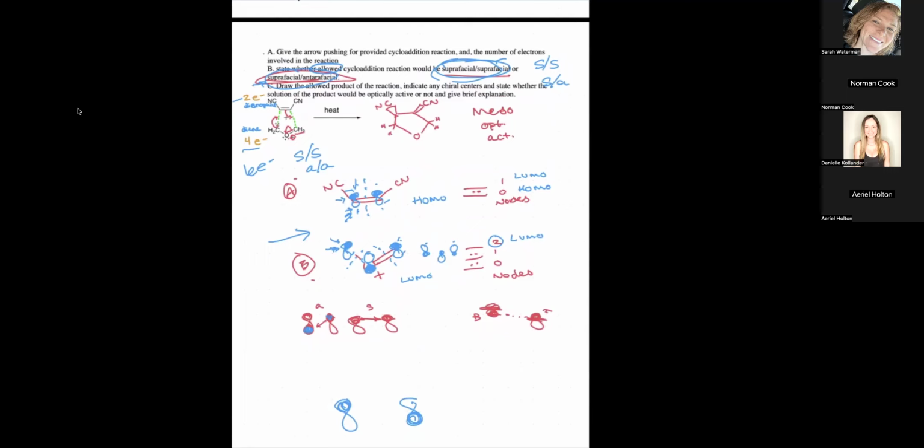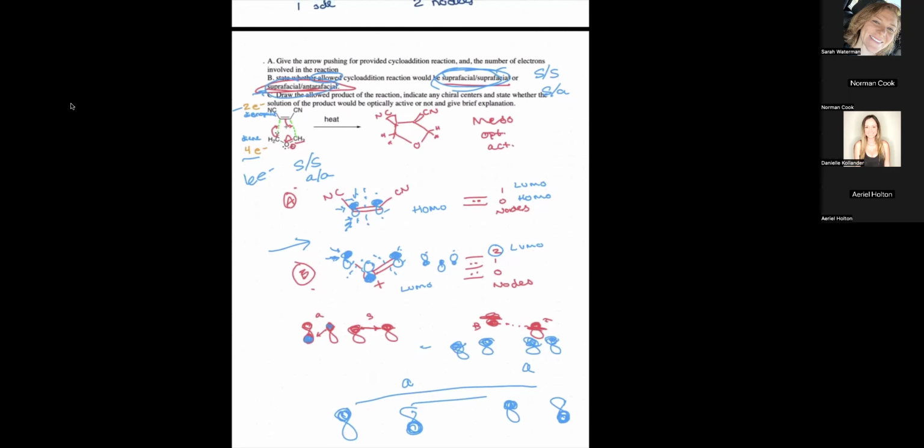Yes. So I guess antara-antara would be like if you had this coming in with each other, right? So like these were coming in to make the bond together, versus supra-supra is when you have this, right? Because supra-supra just means that both of the bonding are on the same side.